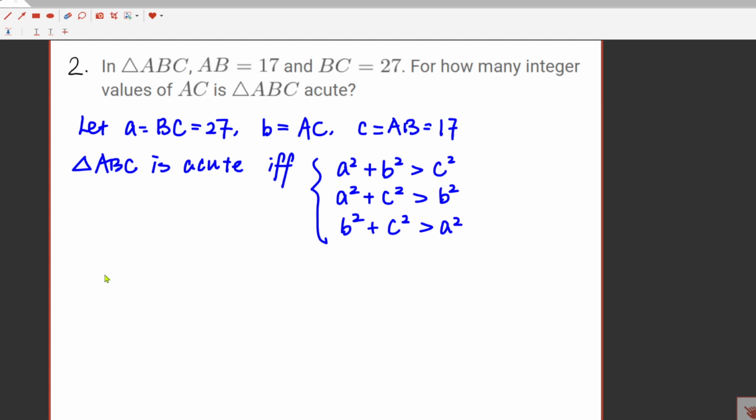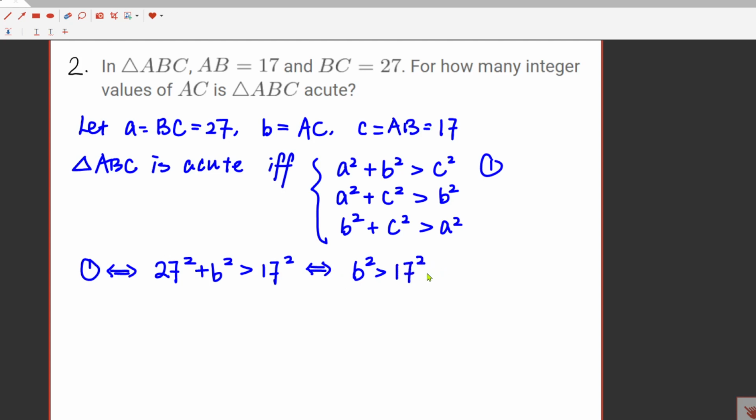So the first inequality becomes 27 squared plus b squared is greater than 17 squared, right? Or we could simplify that to b squared is greater than 17 squared minus 27 squared, which is negative 440, which is automatically satisfied.